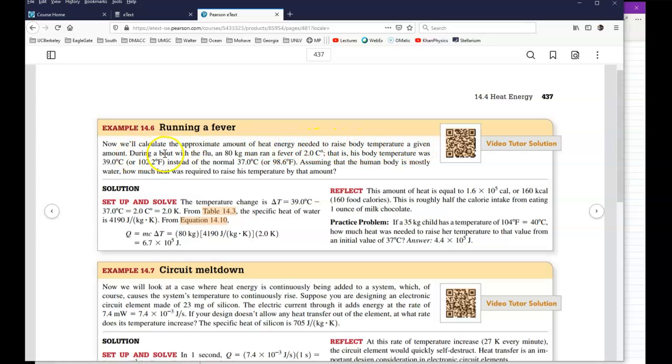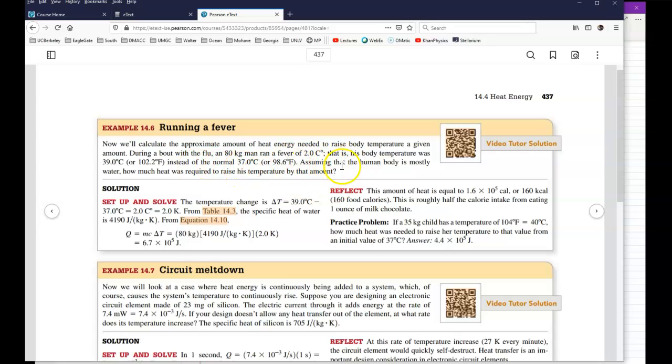During a bout of the flu, an 80 kilogram man ran a fever of 2 degrees Celsius. That means his temperature rose by 2 degrees Celsius from his original 37. Remember, 37 degrees is the normal temperature of a human being. I believe for a dog it is around 40 or something like that. Anyway, his body temperature was 39, which is equivalent to 102.2 Fahrenheit, instead of a normal 37 degrees.